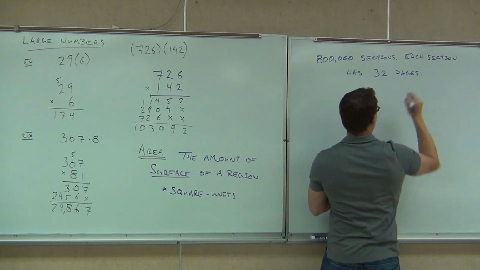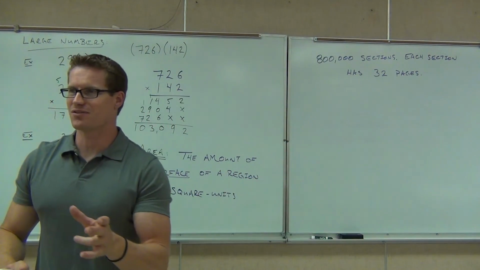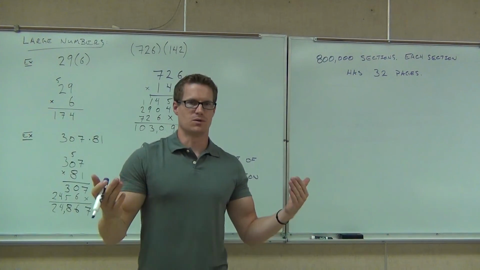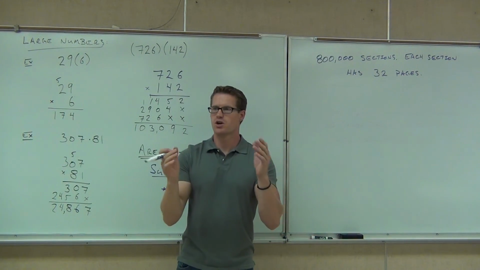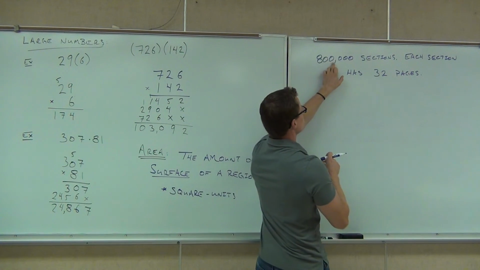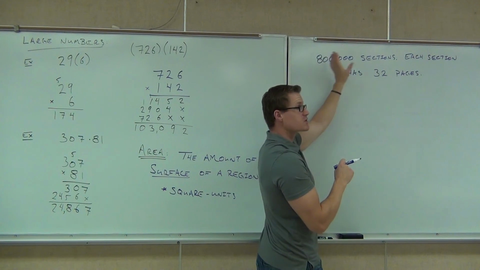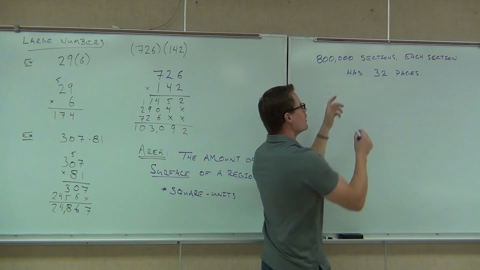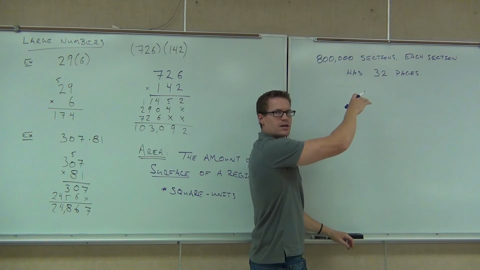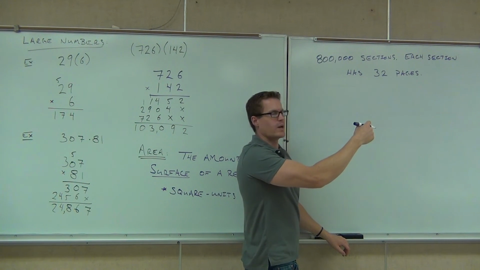$25,600,000. Easy, easy. Hang on. We're gonna all do it. I'm gonna show you some easy ways to do this stuff. If you have a whole bunch of zeros, you can ignore those and add them on later. So for instance, if we have 1, 2, 3, 4, 5 zeros, do you all realize firstly that this is a multiplication problem? You certainly don't want to add 32 800,000 times.